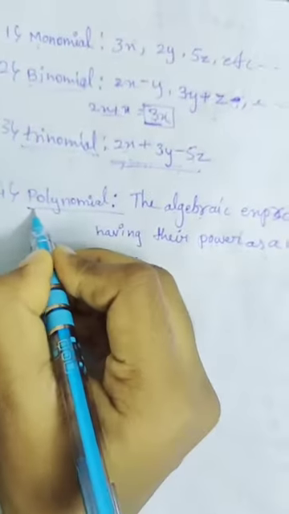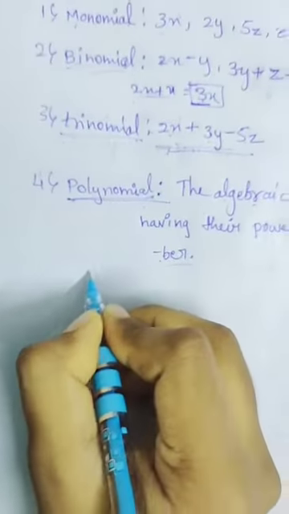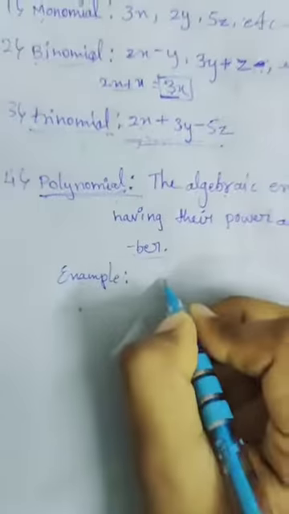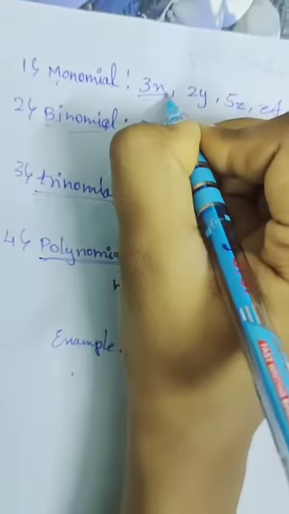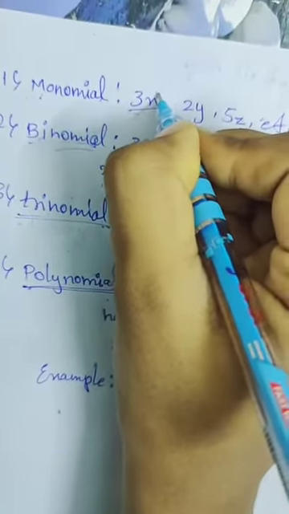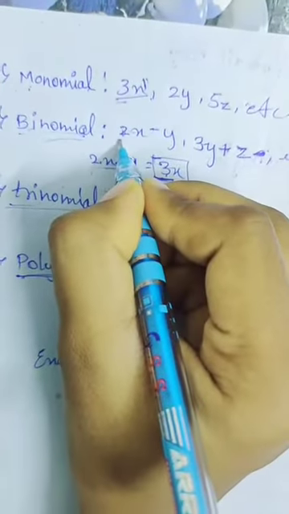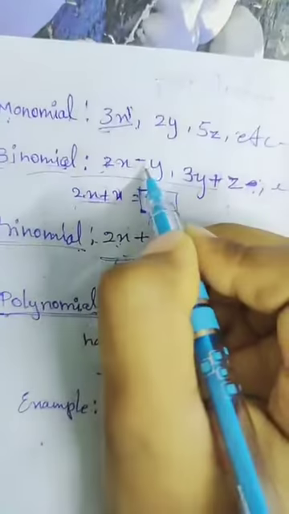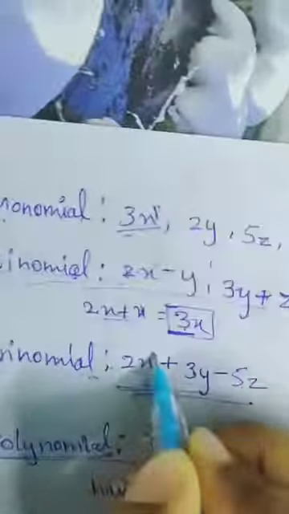Such algebraic expressions are called polynomials. For example, we can say a monomial is also a polynomial because its power is 1, which is a whole number. And we can also say this binomial is also a polynomial because their powers are 1.